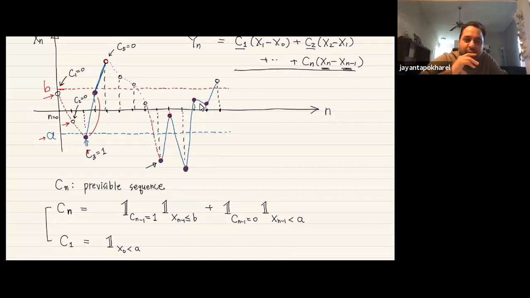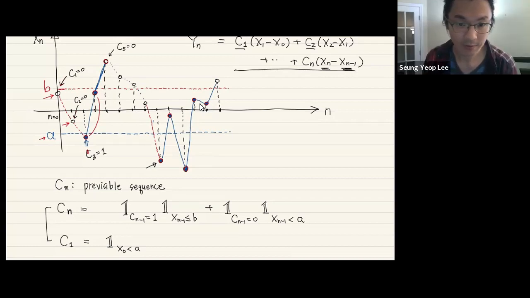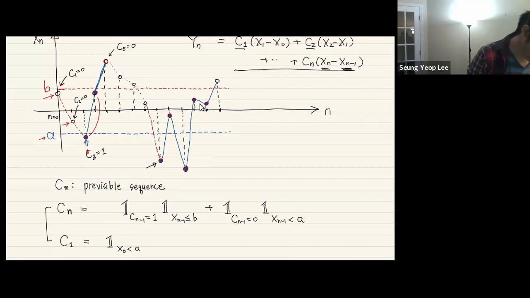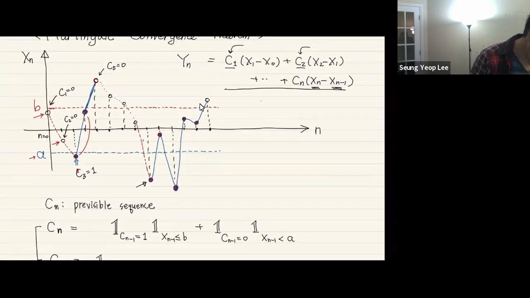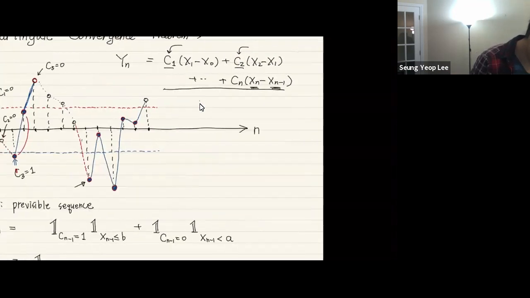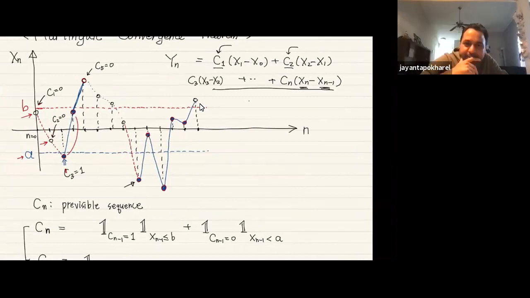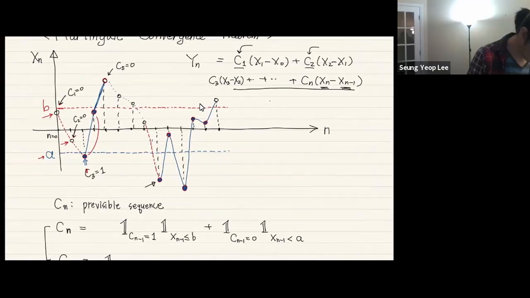Then why is C3 equal to 1 in the graph here? Because C3 has to be 1. C3 is multiplied to X3 minus X2.